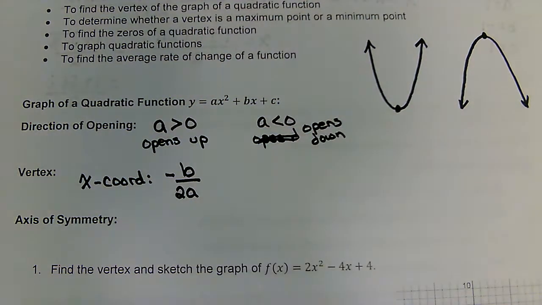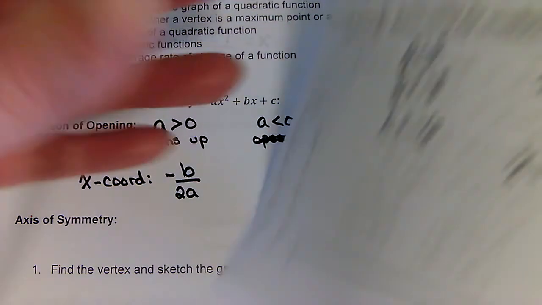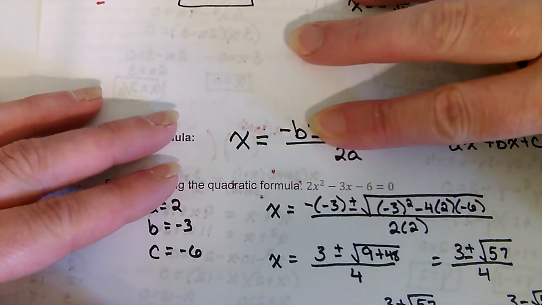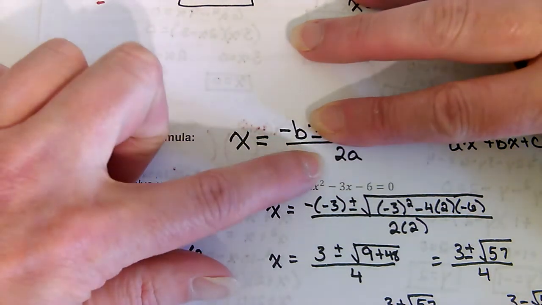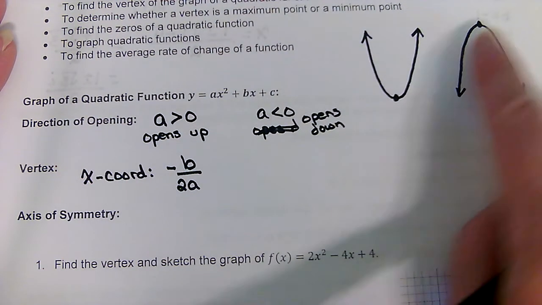And that should look kind of familiar. If you looked at the quadratic formula, that's everything that's not in the square root. So negative b over 2a will find the x value of my vertex.